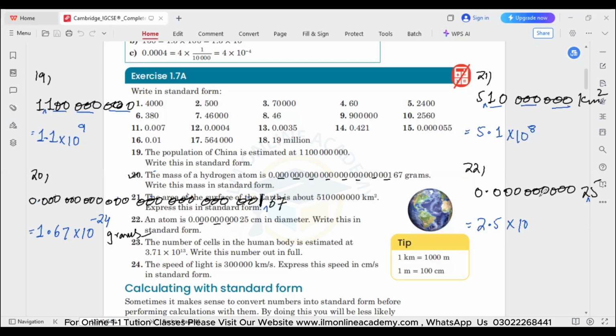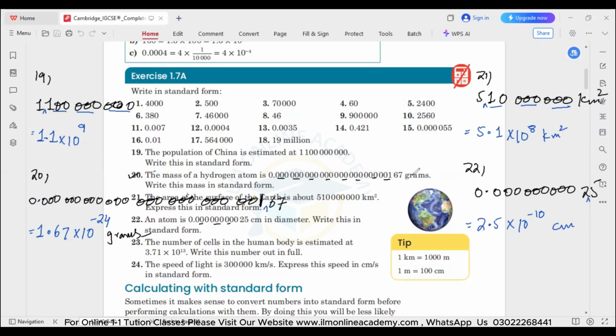So 3, 6, 9, and 1 more, 10, negative 10. You can write this in centimeters, as they gave us the unit, so you can represent units side by side. So this is the number that we have got in the 22nd.